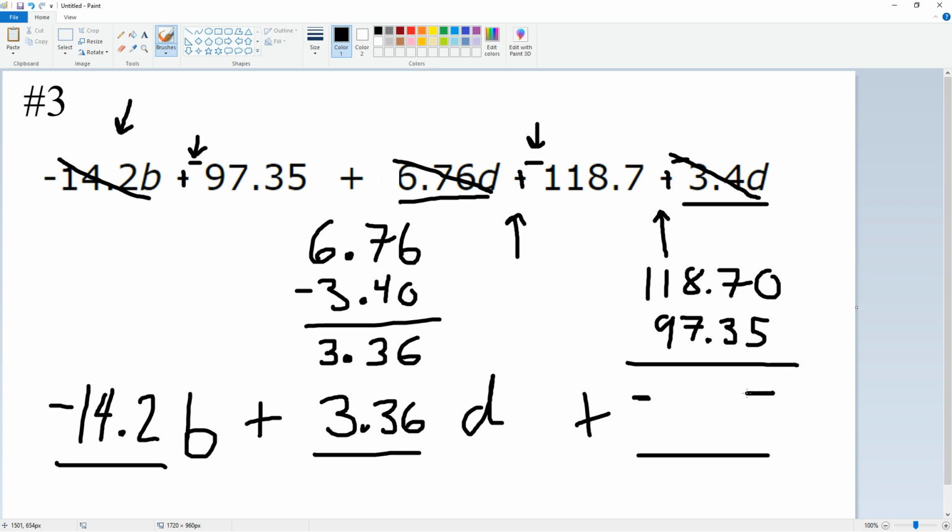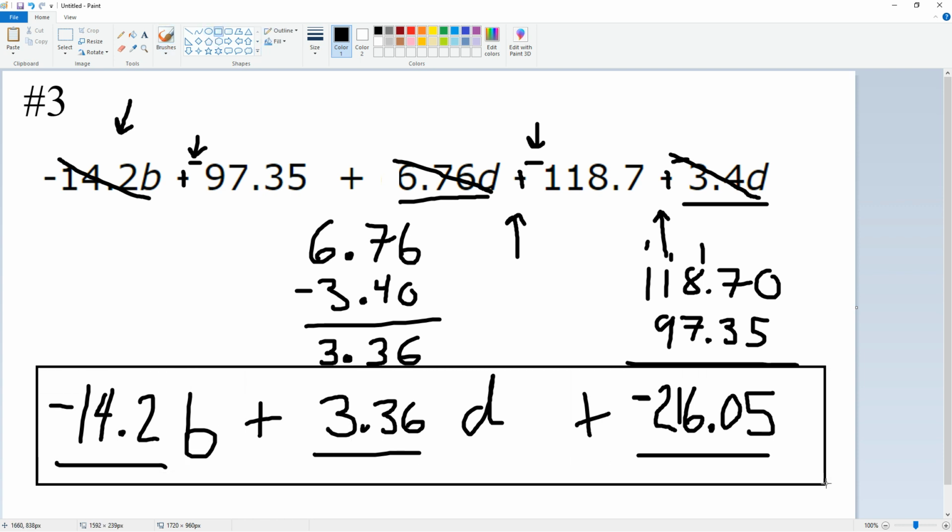Lining up my decimals, we end up with 216.02, or 0.5, excuse me. Okay, so this is your total.